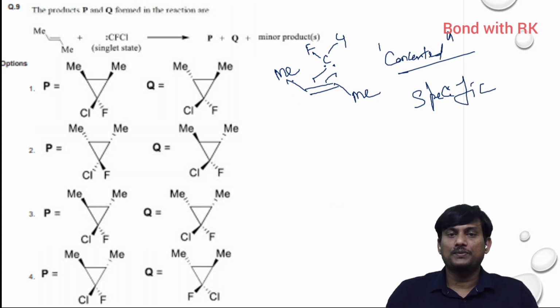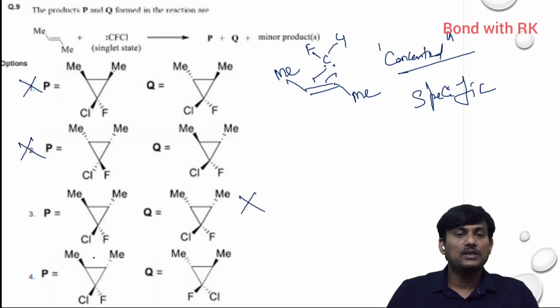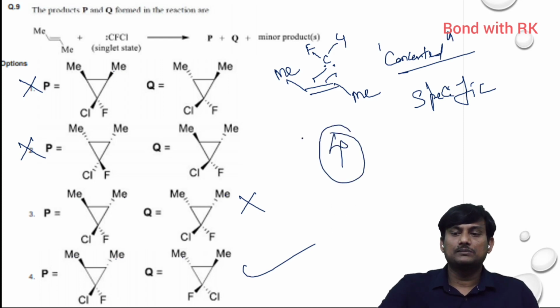Here the methyl groups should be trans to each other. One should be above the plane, another one should be below the plane. Here both are above, so this one is not correct. Both are below, not correct. One is above, one is below. Here both are above, so this one will not be formed. Here one is above, one is below, and this one below, and this one above. So only there is a formation of 4 compounds.